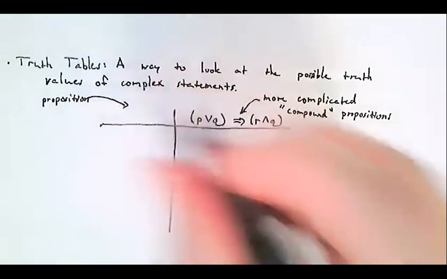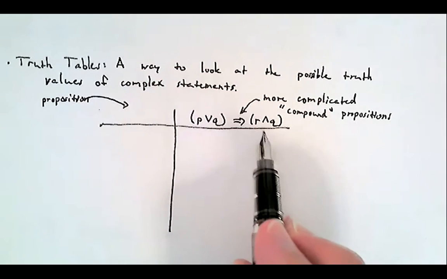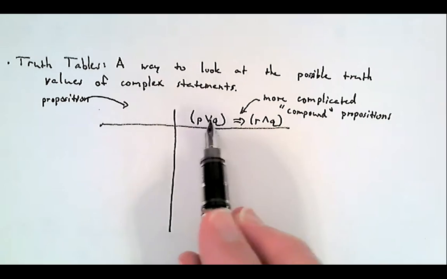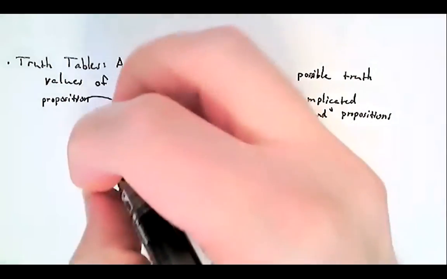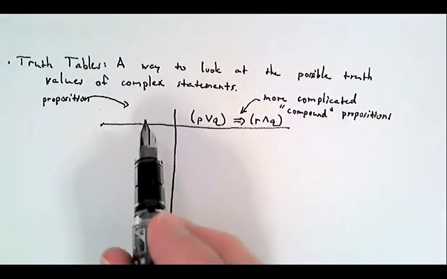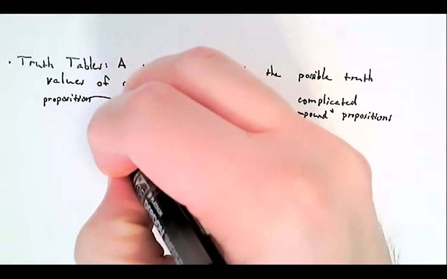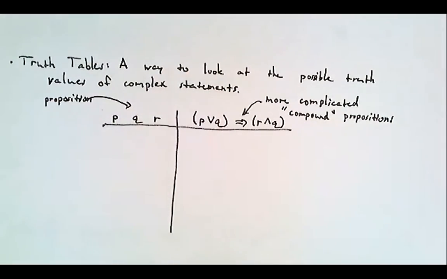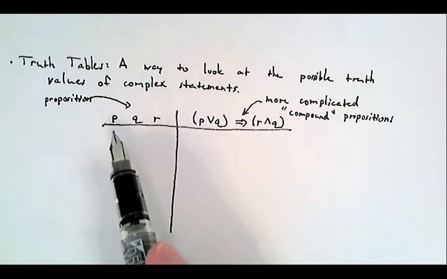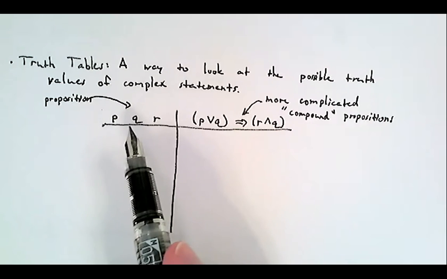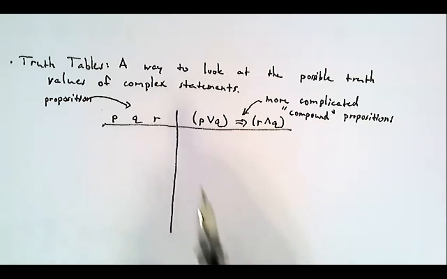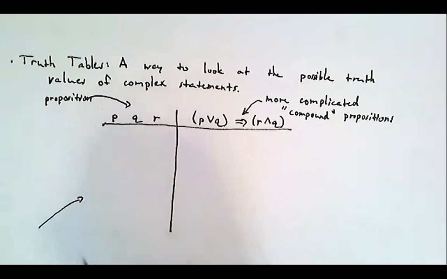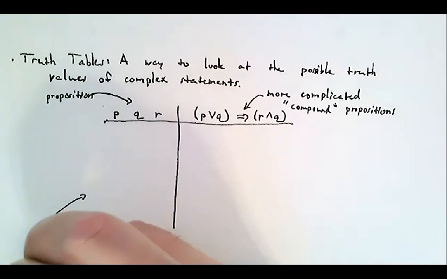And let me fill in, since I have 1, 2, 3 different simple statements or simple propositions over here, on this left side, I would fill in P, Q, and R. And underneath these letters that are standing for my propositions, I'm going to write all of the possible truth values.